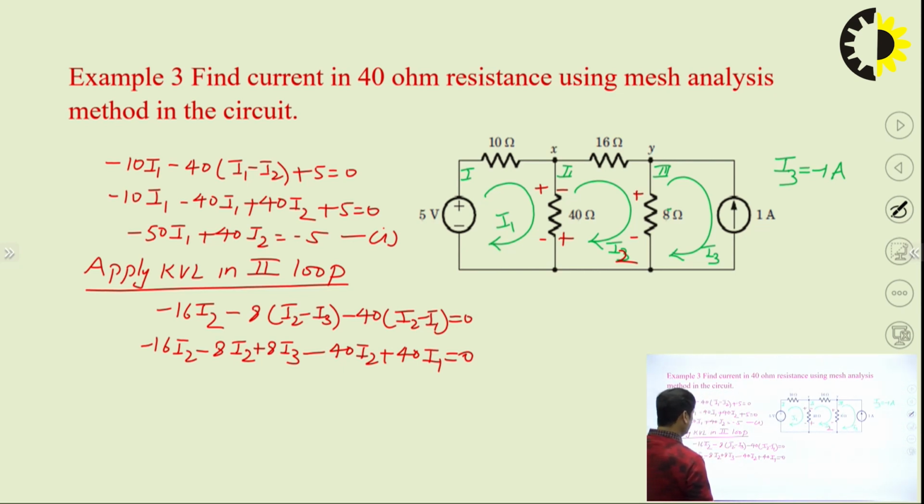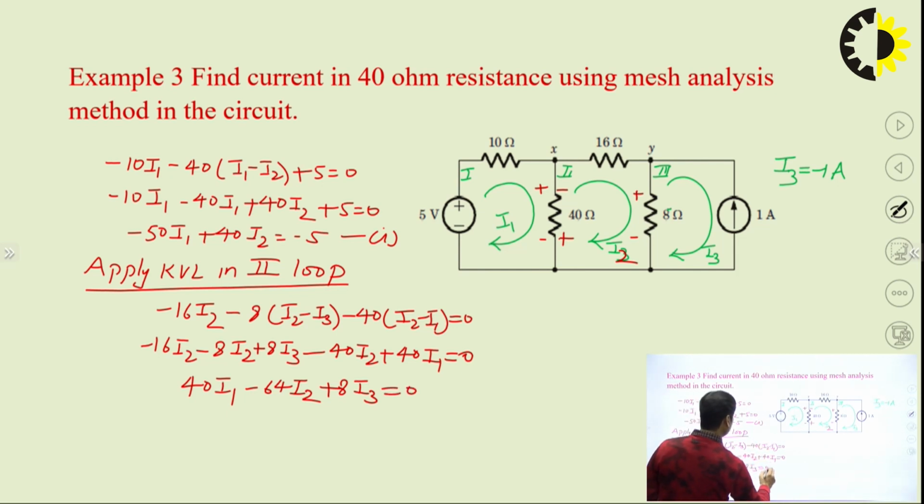Okay, so we have 40 I1, minus 16 I2, minus 24, and minus 40, minus 64 I2, then we have 8 I3 and equal to 0. So this is equation 1, this is equation number 2.